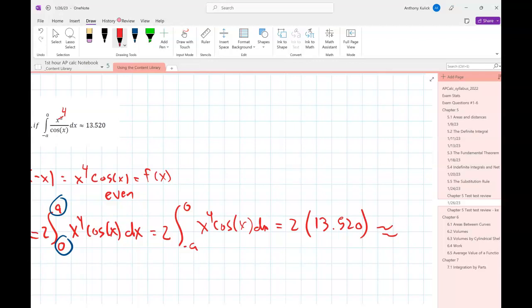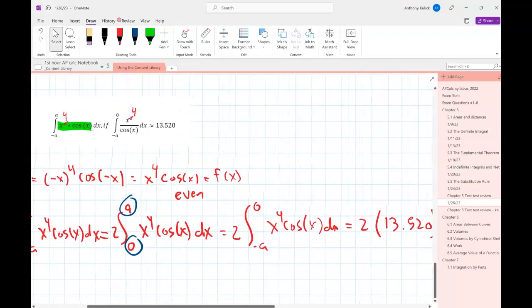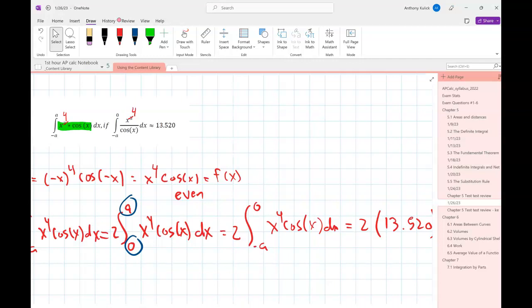But it's x to the fourth divided by cosine. Oh, well, that's just a typo then. What was I doing here, Mr. Kulik? Yeah, you could not have done anything with this. This is a terrible question. You made 2 sets of mistakes in here.